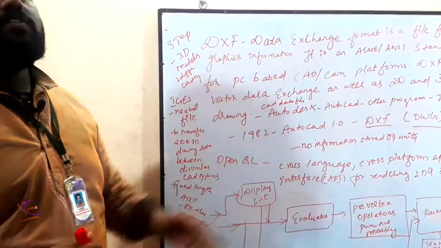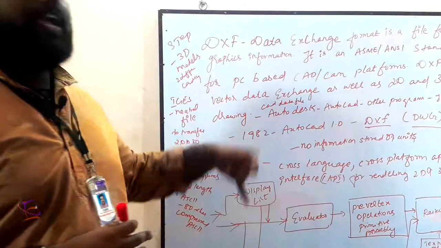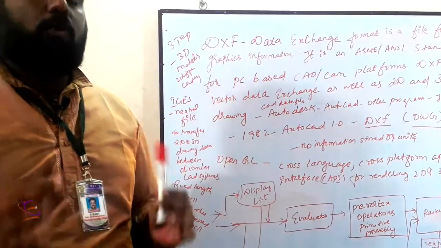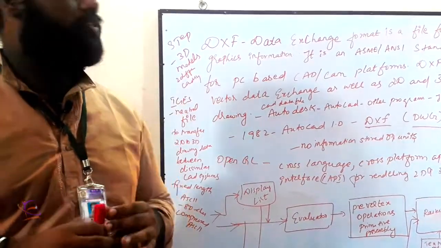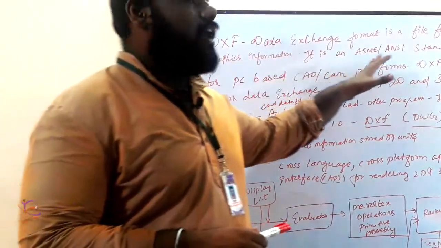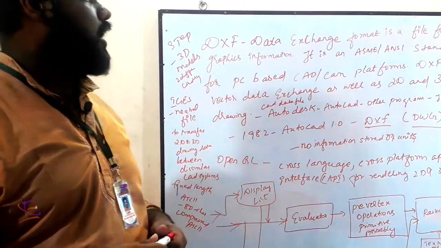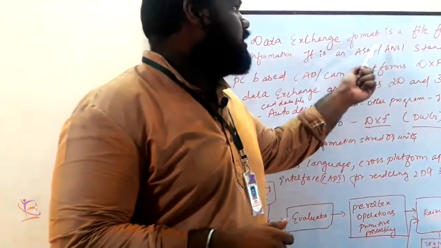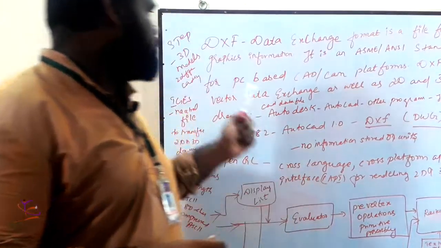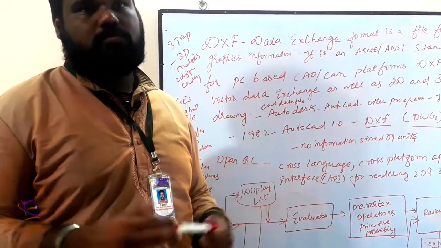DXF was first developed by AutoCAD in the year 1982 for their AutoCAD 1.0 version. It is an ASME and ANSI standard, where ASME is the American Society of Mechanical Engineers and ANSI is the American National Standards Institute, that is used for PC based CAD/CAM platforms.